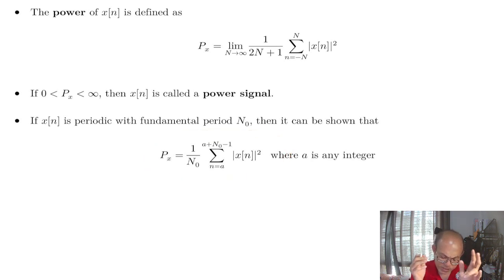Basically, you compute the energy over only one period, and you divide that energy of one period by the number of samples in that period. The result is your power.